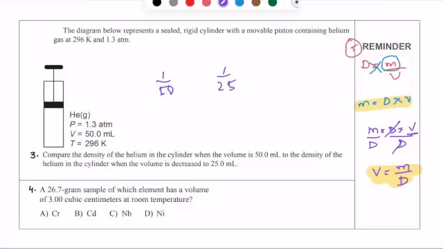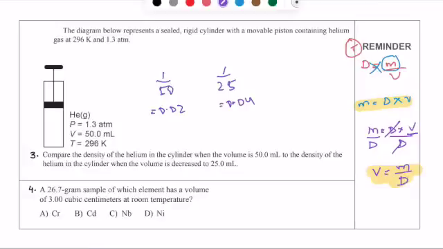The first one gives you about 0.02, and the second one gives you about 0.04. So you can say that the density will be higher when the volume is 25 milliliters, if the mass is the same, because they didn't say that we are changing the mass.